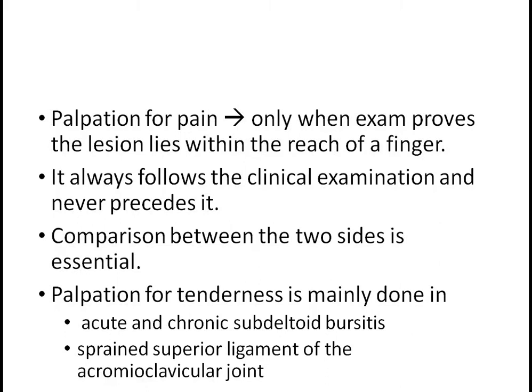The patient will have no complaint of pain, but when the therapist touches that specific area where the problem is, then the patient will feel the pain, and this condition when the patient feels the pain on touch is known as tenderness. So tenderness may be present in bursitis and when there is some sprain of the ligament.